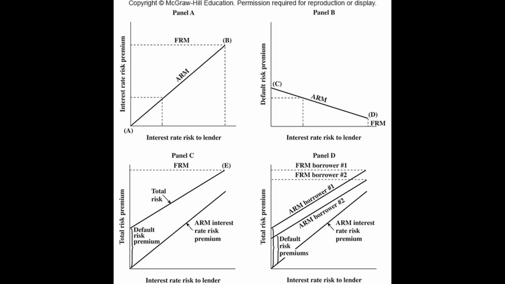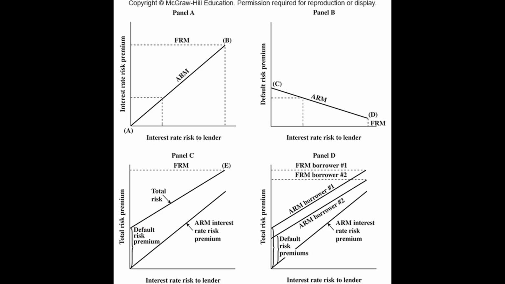Adjustable rate mortgages tied to short-term indexes are generally riskier to the borrower than those that are tied to long-term indexes because there's more volatility in those short-term indexes.